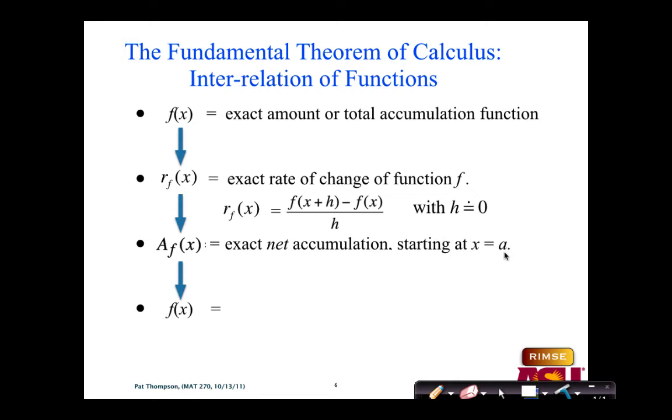Starting at x equals lowercase a here, for the exact version, we don't write the summation, we write this integral. But all this means is a summing up of a rate times a change in the independent variable.